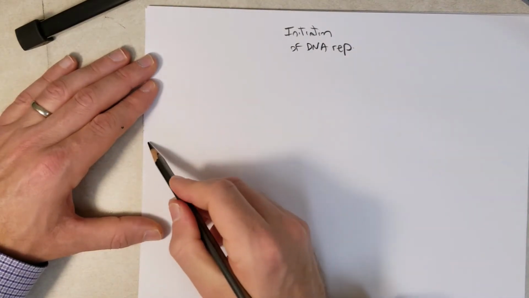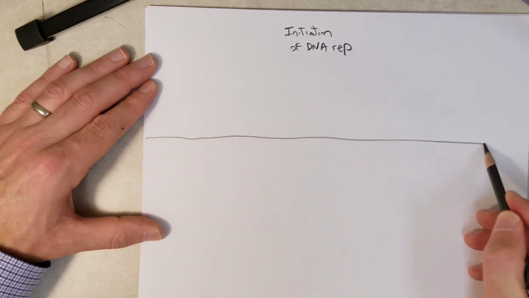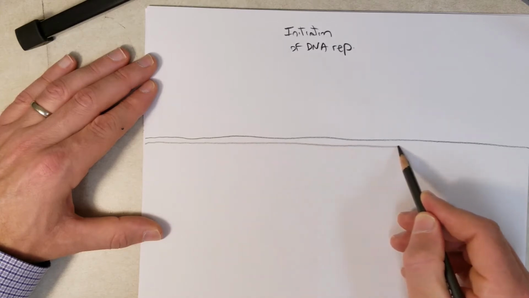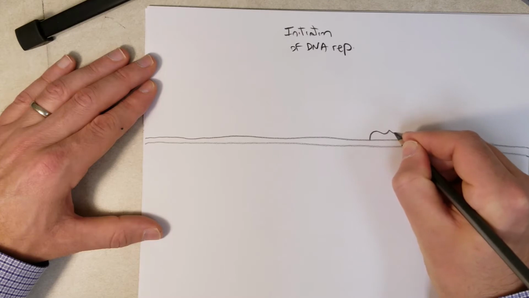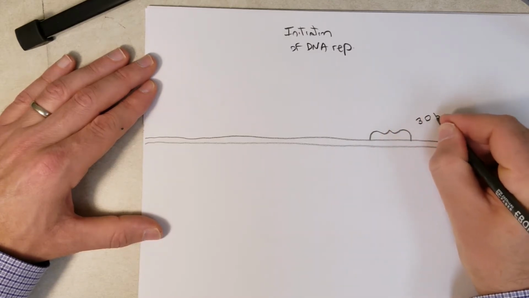So let me diagram a long piece of DNA here. And we're going to focus in on just this section right here, which, let's say, should be about 30 base pairs.